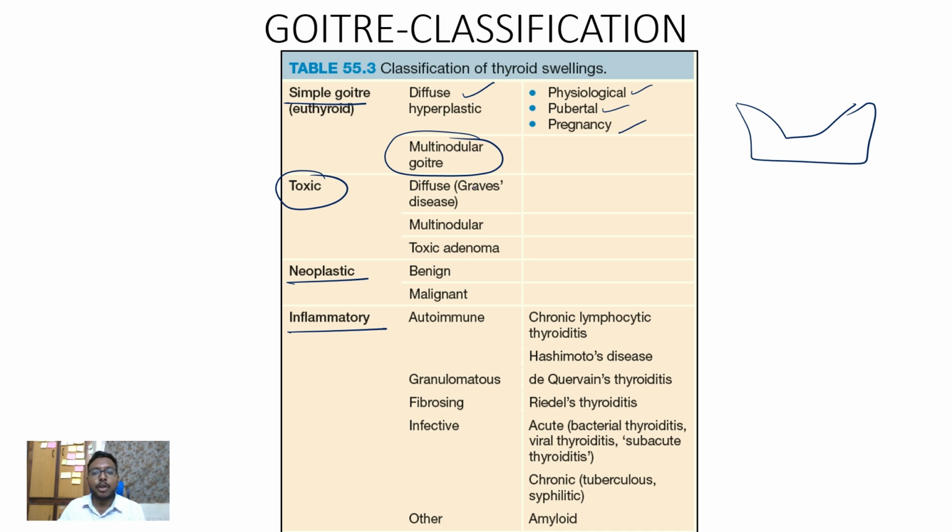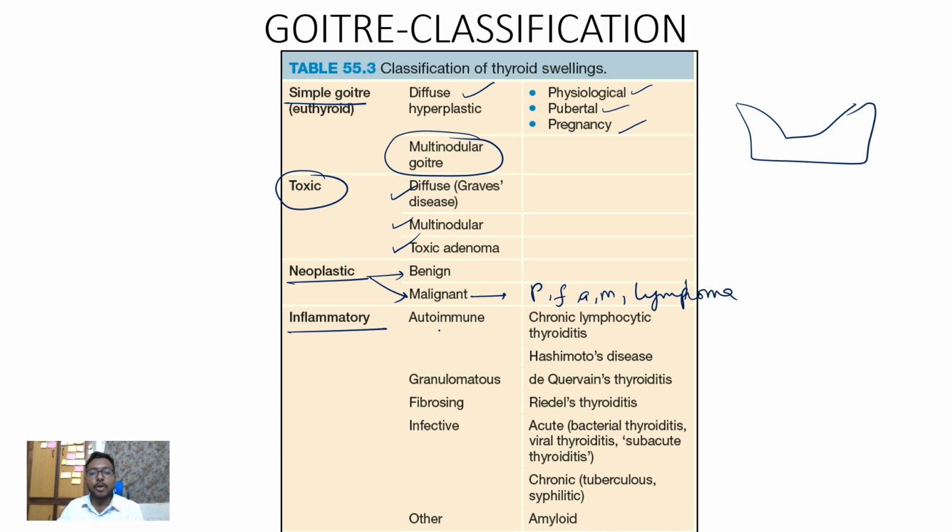Coming to toxic, hyperthyroidism is of two types mainly, primary thyrotoxicosis and secondary thyrotoxicosis, and the third variant is toxic adenoma. So it is diffuse thyroiditis, Graves' disease, multinodular goiter, and toxic adenoma. Coming to neoplastic, you have benign and malignant. In malignant, you have papillary, follicular, anaplastic, medullary, and lymphoma.